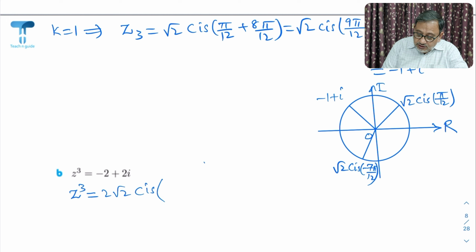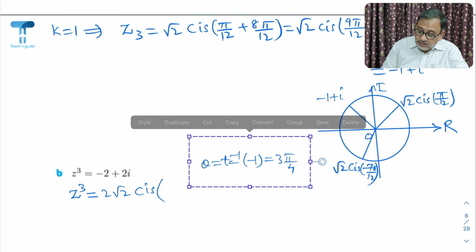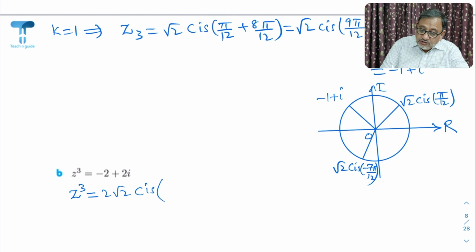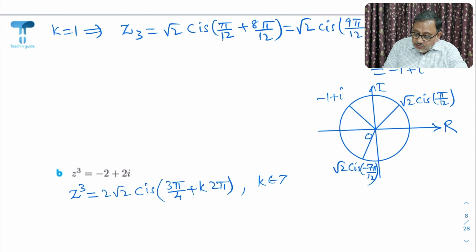Look here, theta will be tan inverse of negative 1, which will be minus pi by 4, right? But in the second quadrant we will write 3 pi by 4, not minus pi by 4, of course. So I'll write cis 3 pi by 4 plus k into 2 pi, where k belongs to Z. This is in polar form, okay?